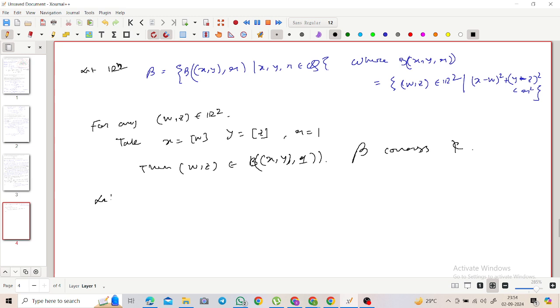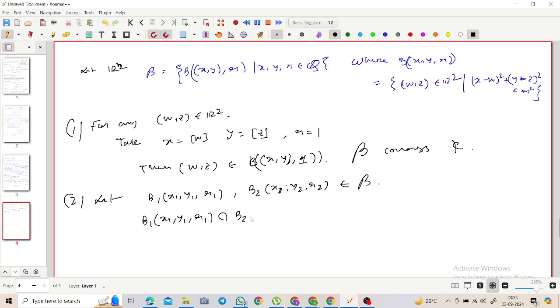Now let B(x1, y1, r1) and B(x2, y2, r2) belong to beta. Consider the intersection B(x1, y1, r1) intersection B(x2, y2, r2). Suppose there exists (w, z) belongs to this intersection.